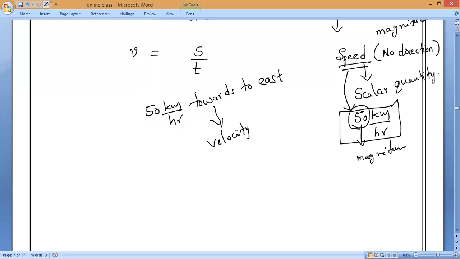Why is it called velocity, guys? Because Reddy is traveling in a particular direction. If it is traveling in a particular direction, then that is known as velocity. If no direction is mentioned, then that is called speed. You understand?